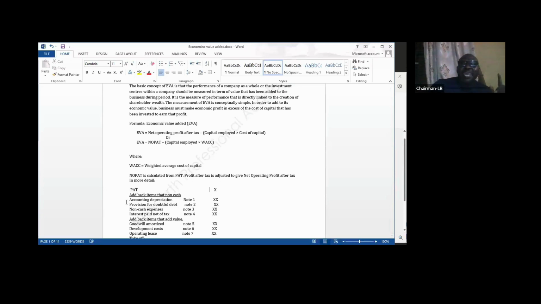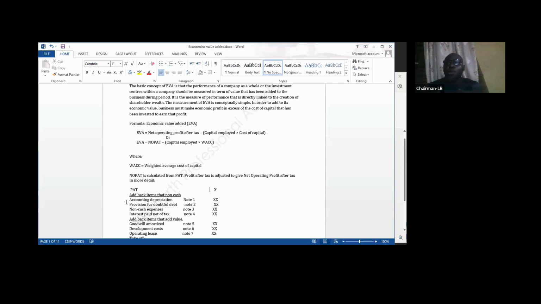The following items should be added back. One of them is accounting depreciation. If you are given accounting depreciation, you are going to add it back. Depreciation is a non-cash item. Depreciation is an accounting convention. No money is leaving the company.